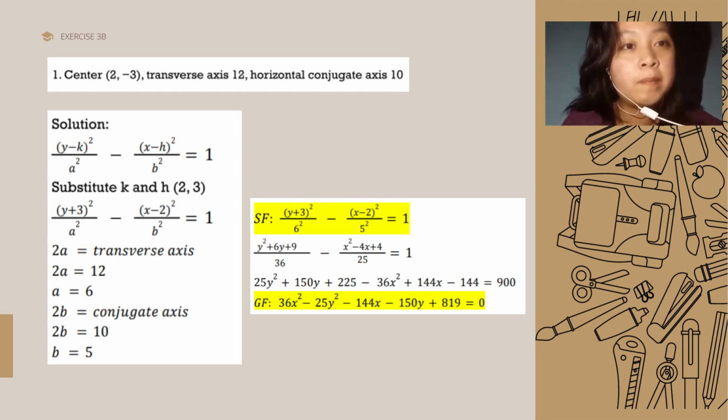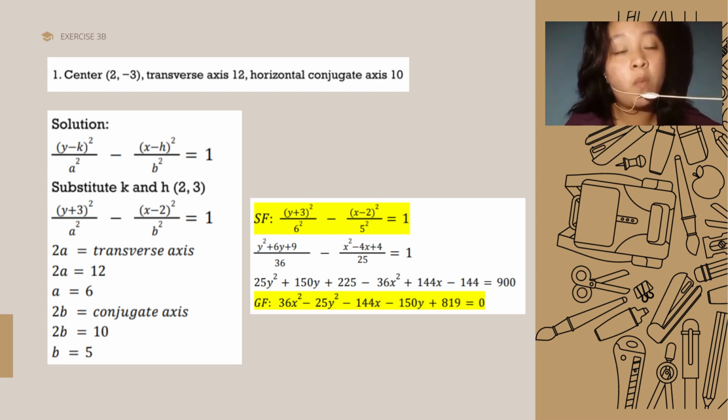Ang (y plus 3) squared ay magiging y squared plus 6y plus 9. Ang 6 squared naman ay magiging 36, minus (x minus 2) squared, ay magiging x squared minus 4x plus 4. At yung 5 squared ay magiging 25, is equal to 1.